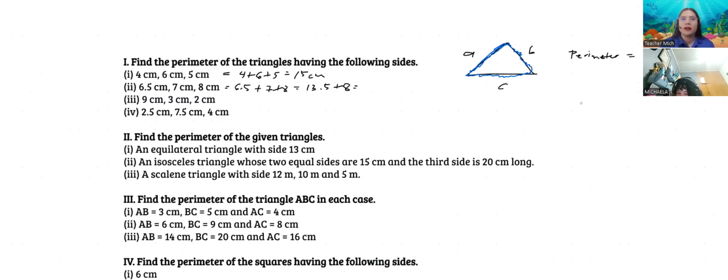Okay, 21. And then you add another 0.5. So therefore, anak, our answer here is 21.5. And then the unit is centimeters. So this is now the perimeter of our triangle.